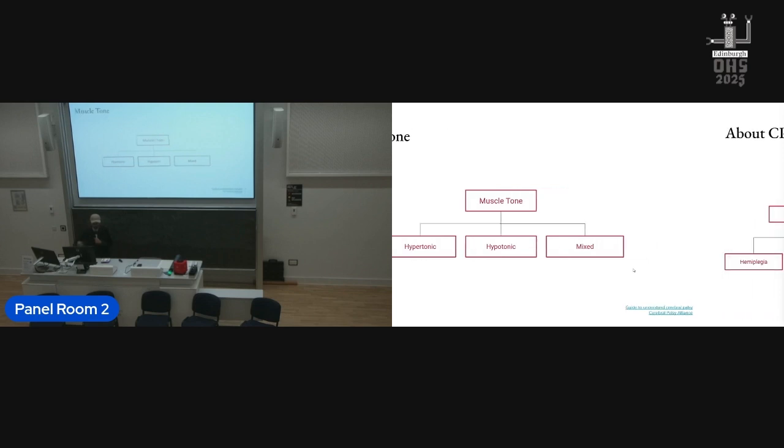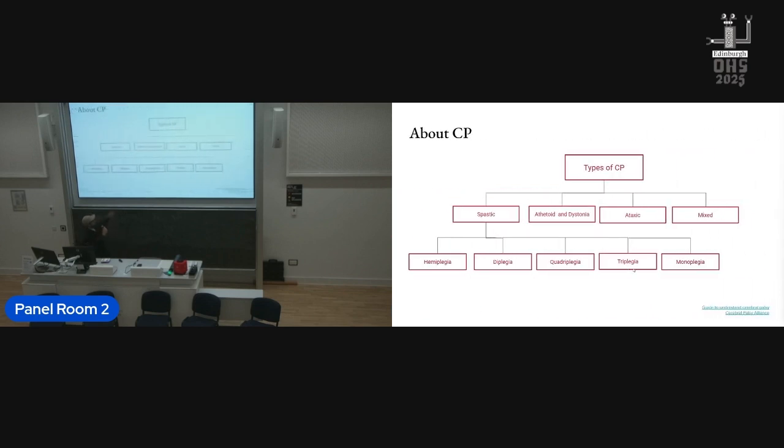And then we have this classification tree where we use a similar analogy of tightness and looseness to describe which part of the body is affected. It's like hemiplegia, diplegia, quadriplegia, and then different kinds of ways it affects the muscles.